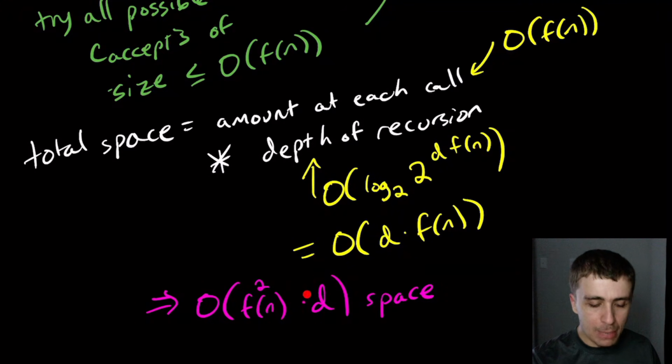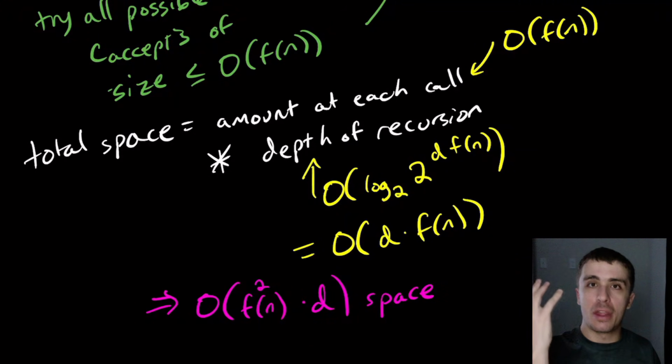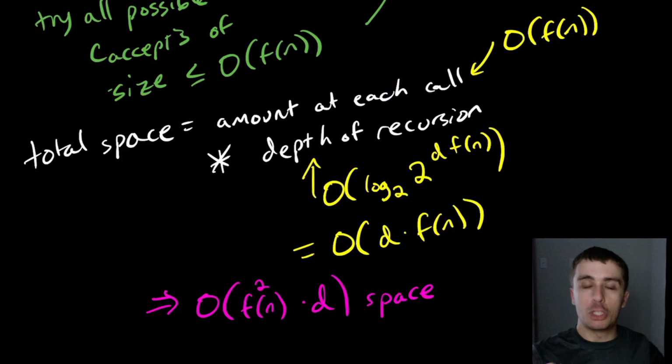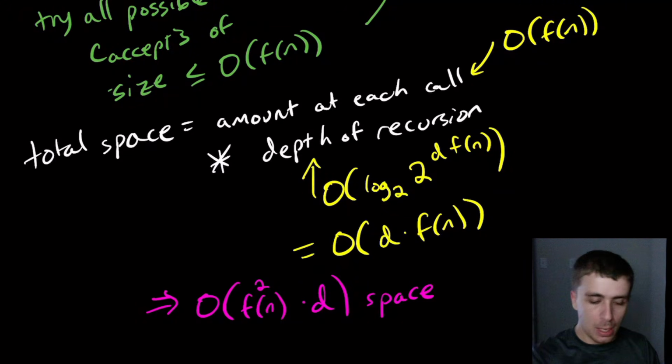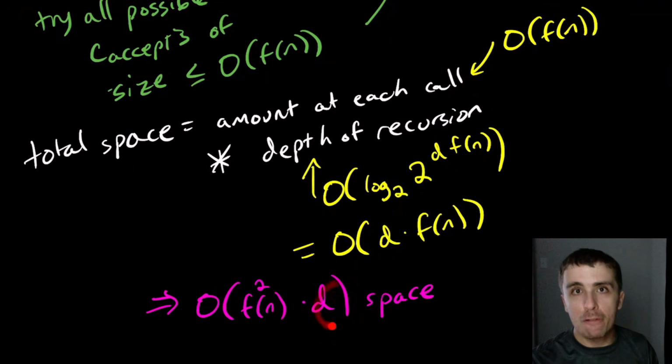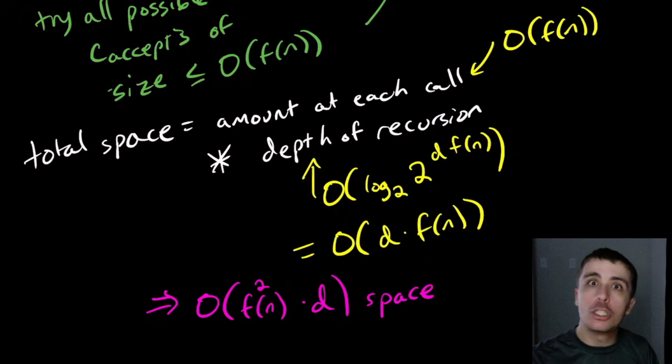Where does d come from? The d is an artifact of the machine. The machine has a certain amount of non-determinism it can do. And since the machine doesn't change depending on the input, d is itself a constant compared to the input.